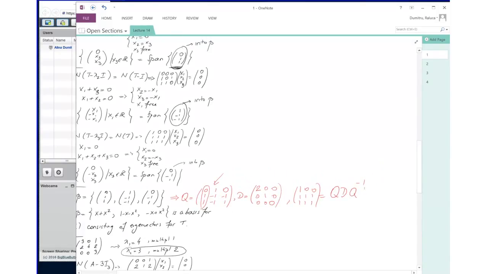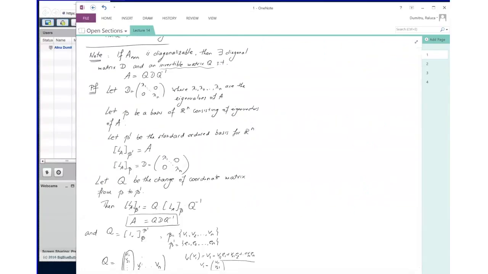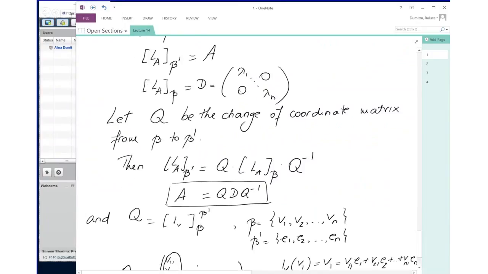Well, you don't actually need to do this. If you compute Q inverse, you would only check that this relation holds, and it should hold if you did everything right, so I'm not worried about this. And now let's see how this is useful.